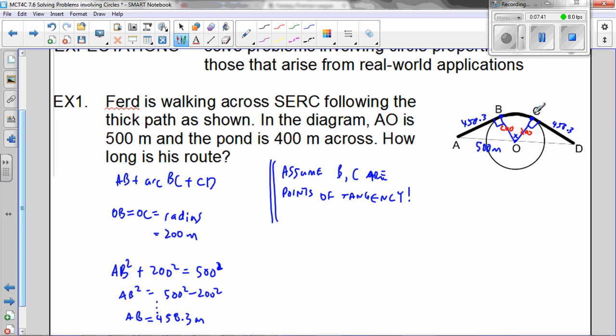Now this is actually a little bit of work here because I want to find that angle there, which is equal to this angle here. Well, how do I do that? I'm going to use trig, right? I've got the adjacent side and the hypotenuse. So if I call that y, cos of y is adjacent over hypotenuse.